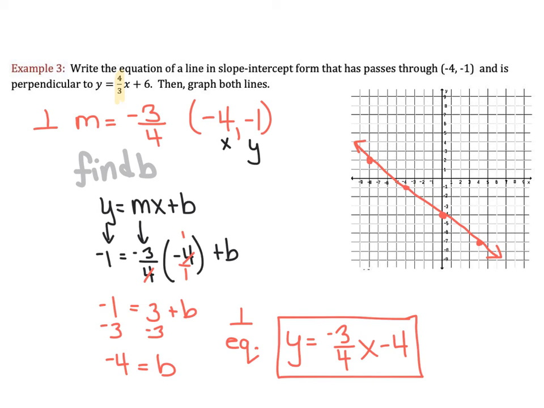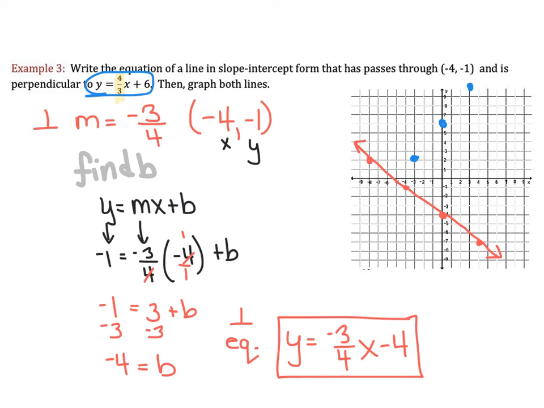I will draw the given line here in blue. So this one crosses at +6 and has a slope of 4/3. So again, up 4 and right 3 would be about there, or down 4, left 3.